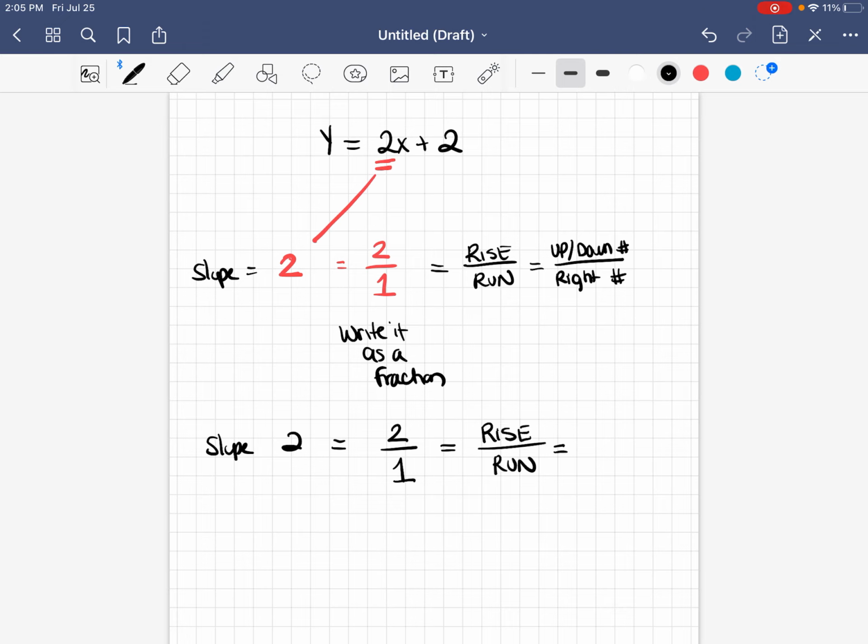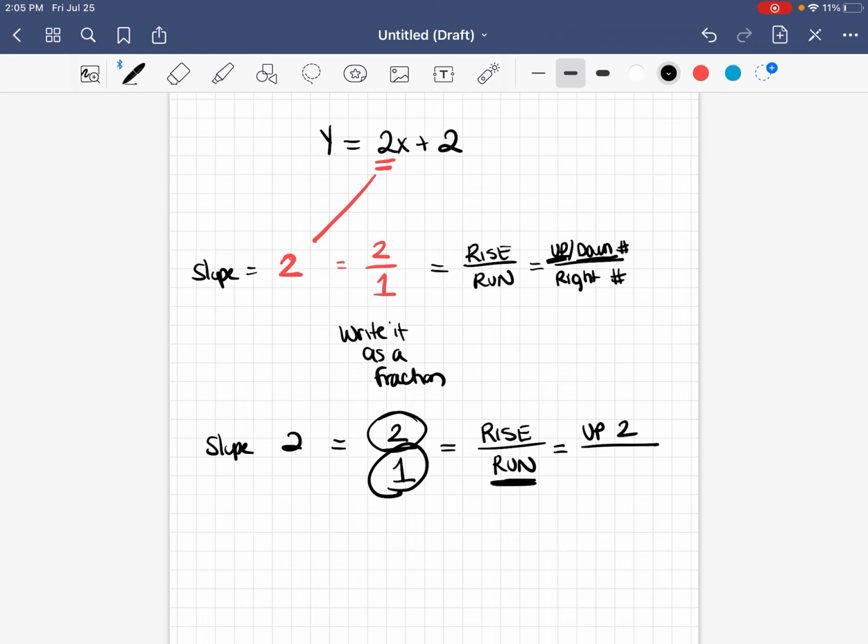What does that mean? It means you're either going to go up or you're going to go down the number that's on top. You go up if it's a positive number, you go down if it's a negative number. So this 2 is a positive 2, so we're going up 2. Now you run whatever's on the bottom.